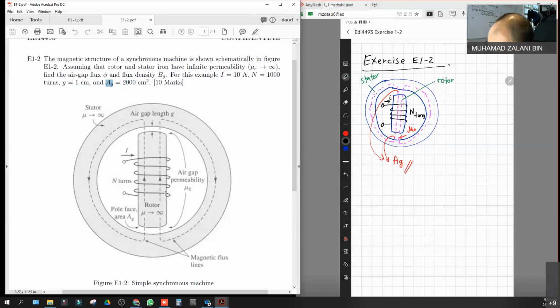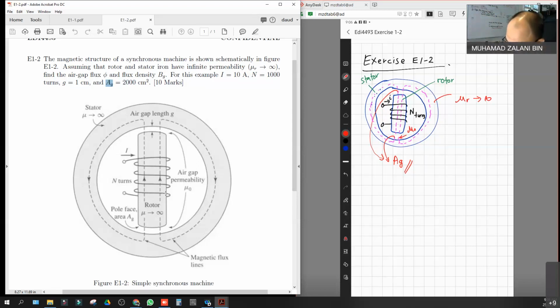Given also mu r for this core is approaching infinity. We have an infinite mu. So we can just write down all the information here.